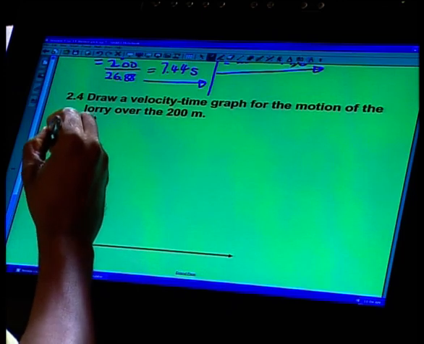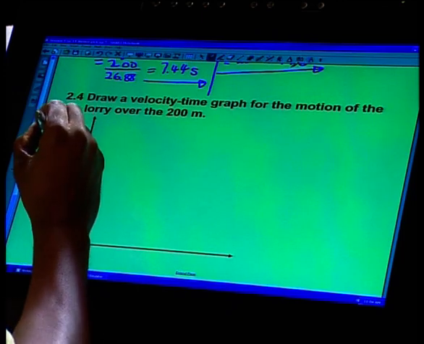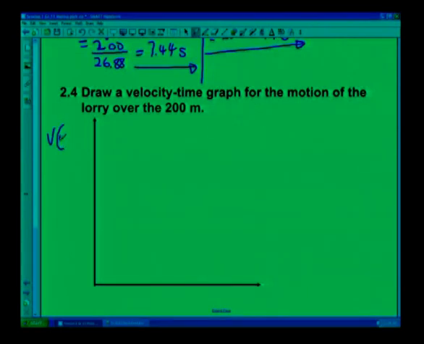On the vertical axis, this is a velocity time graph, so I will have my V, and this is in meters per second. Remember that you have to show in brackets the unit in which that quantity is measured when you're drawing your graph. And down here, this is time measured in seconds.